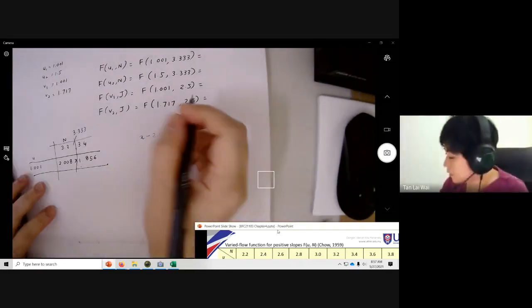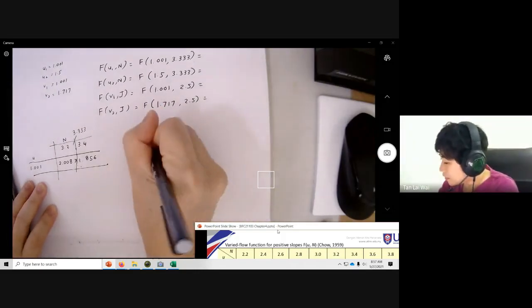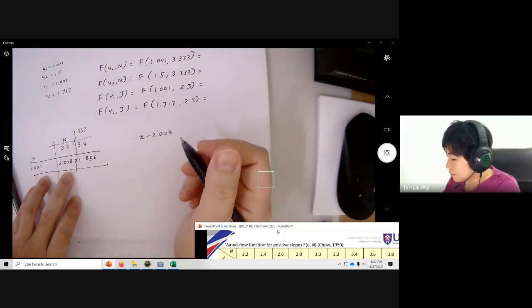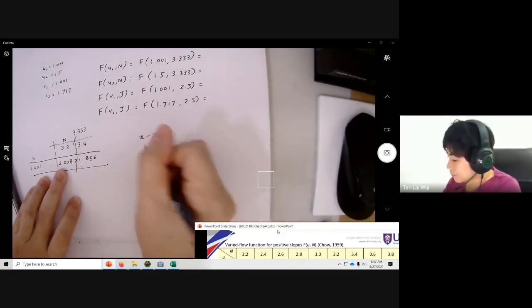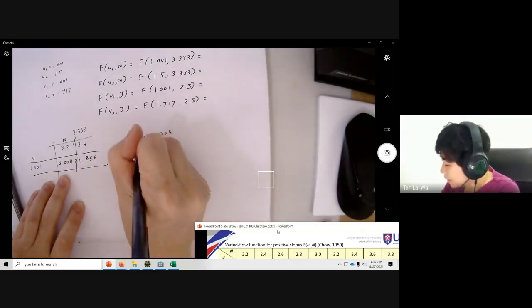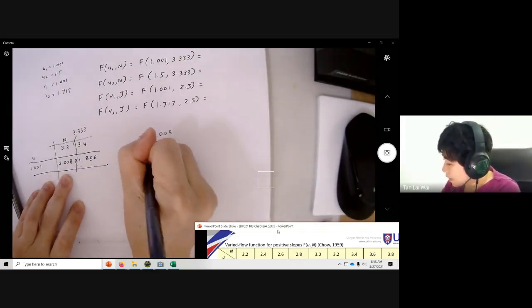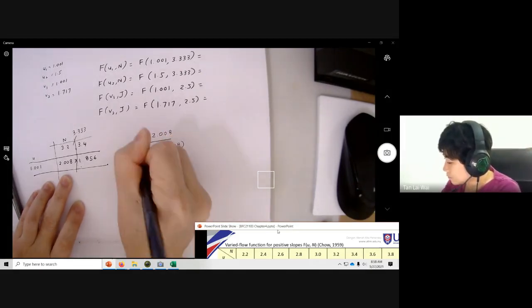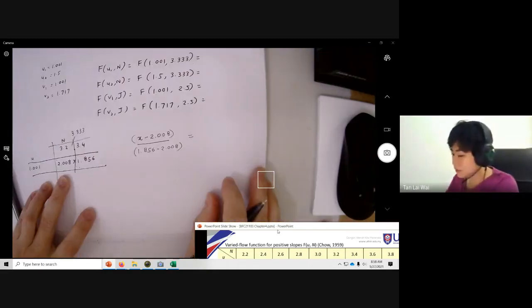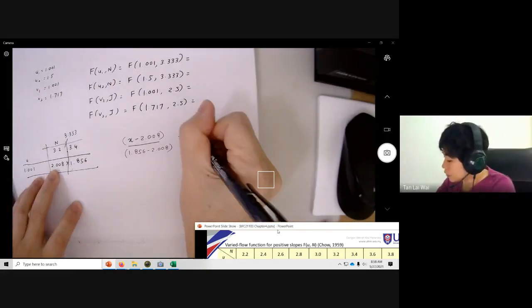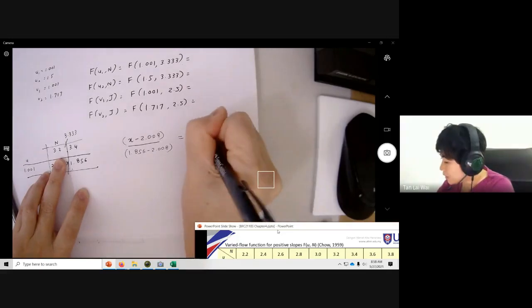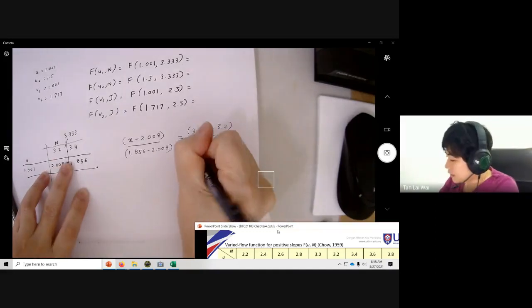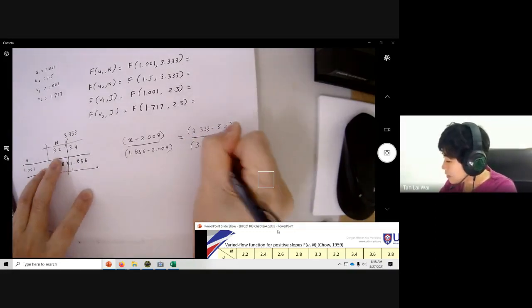Now, x minus 2.008, divided by 1.856 minus 2.008, equals 3.333 minus 3.2, divided by 3.4 minus 3.2.